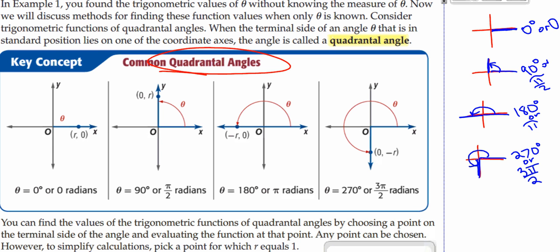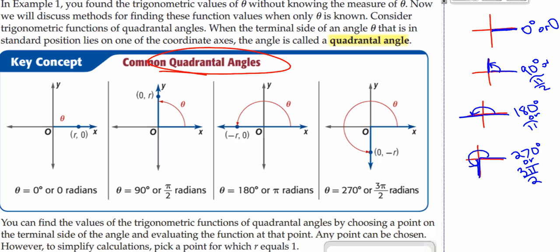Now, to make quadrantal angles easy, we're going to pick a point on that axis, and then we're going to follow that same rule as before. If my angle is 0 degrees, can I make a triangle there? I cannot. If I wanted to, I could make a little triangle and say this is some length and that's 0, and it would work that way.